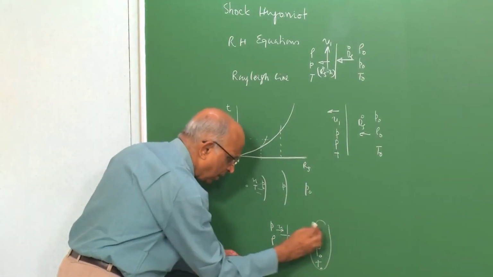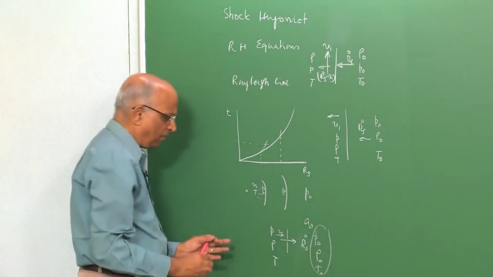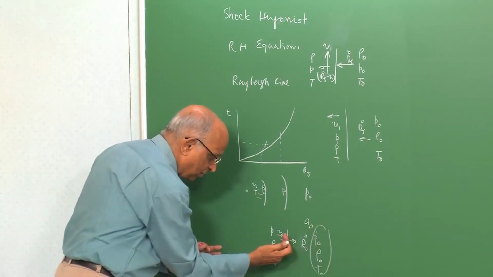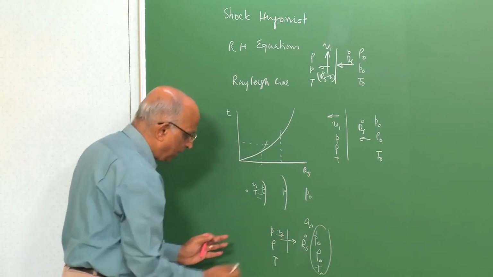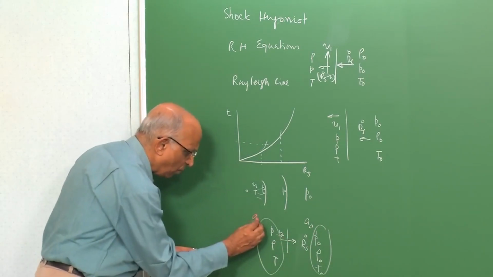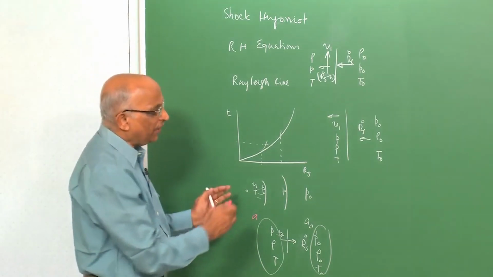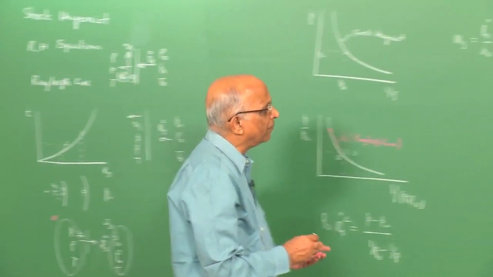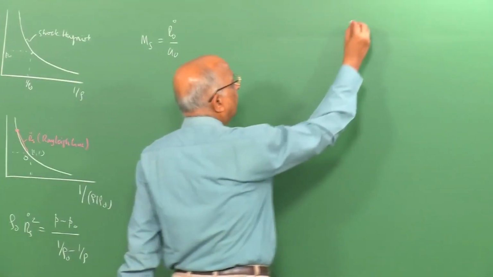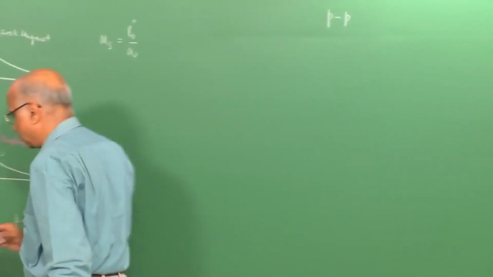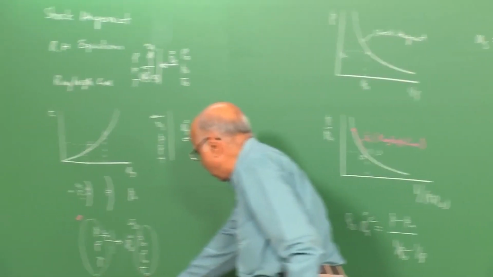conditions over here corresponding to the sound speed on the upstream side, that is, in the stream in which the shock is propagating. Behind the shock, I have the value of sound speed, which is A over here. Therefore, we did this, and what did we get? We got the momentum equation in a particular form. We got P by P 0, because we are not considering explicitly the value of pressure.